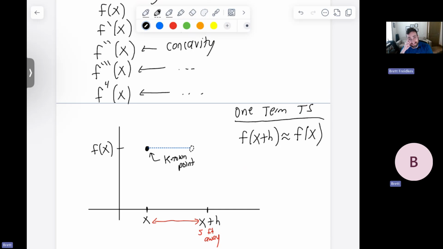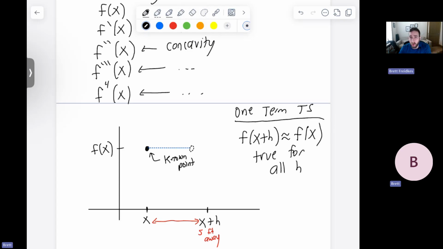Is that accurate? For our paper airplane, probably not, depending on how far away you're looking relative to the launch. But this is true for all h.